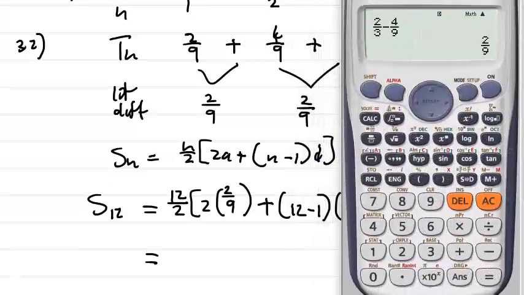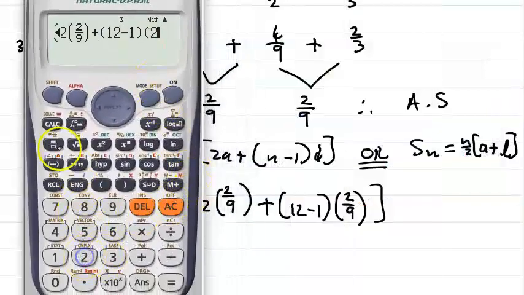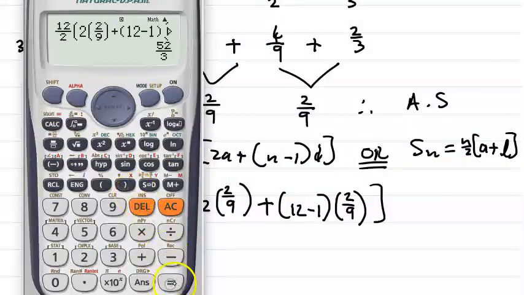So we put 12 over 2 times (2 times 2 over 9 plus 12 minus 1 times 2 over 9), and that is equal to 52 over 3.